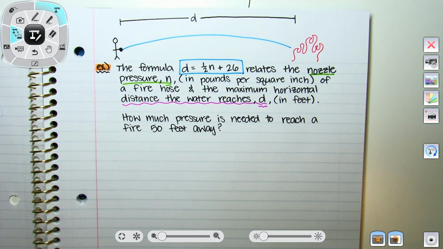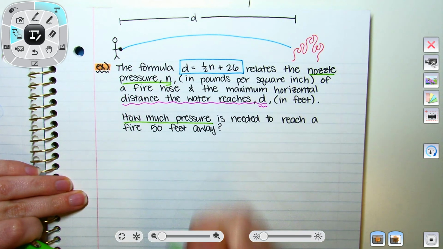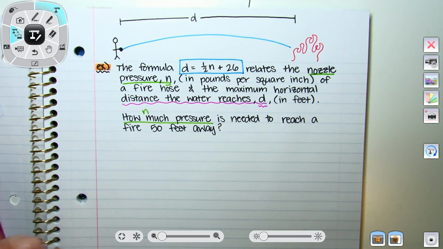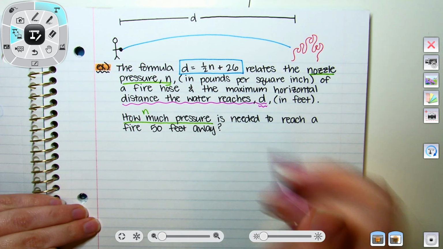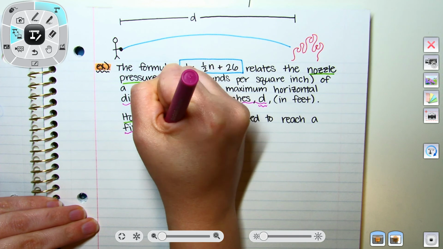So what this problem is asking us is how much pressure is needed. Remember, pressure is our N value. How much pressure is needed to reach a fire that is 50 feet away? That's my D value.